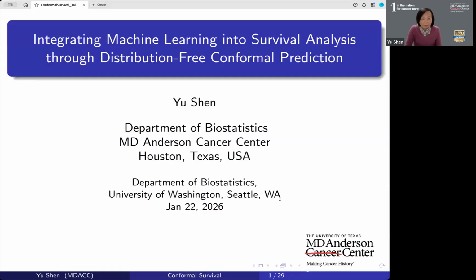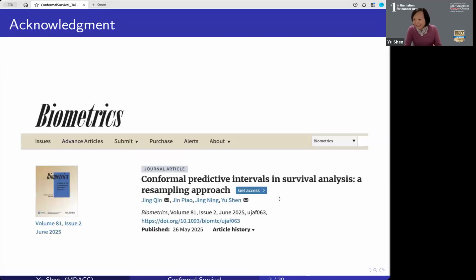In fact, I myself have been learning this concept for a few months on and off, trying to digest what conformal inference means and what the conformal predictive interval is. The talk is based on our recent paper published in Biometrics in June last year.